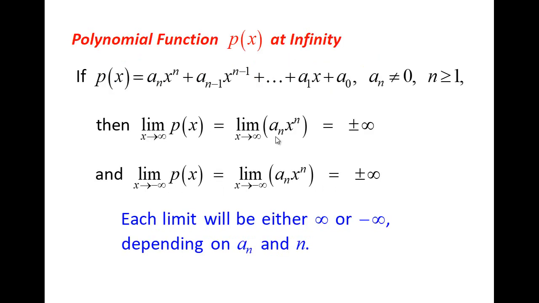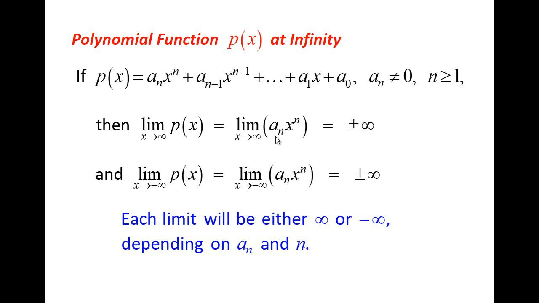When we are looking at the limit at infinity or at negative infinity of a function, we are basically looking at the end behavior of the function. That is, what is the behavior of the function as x gets bigger and bigger in the positive direction, and what is the behavior of the function as x gets bigger and bigger in the negative direction.